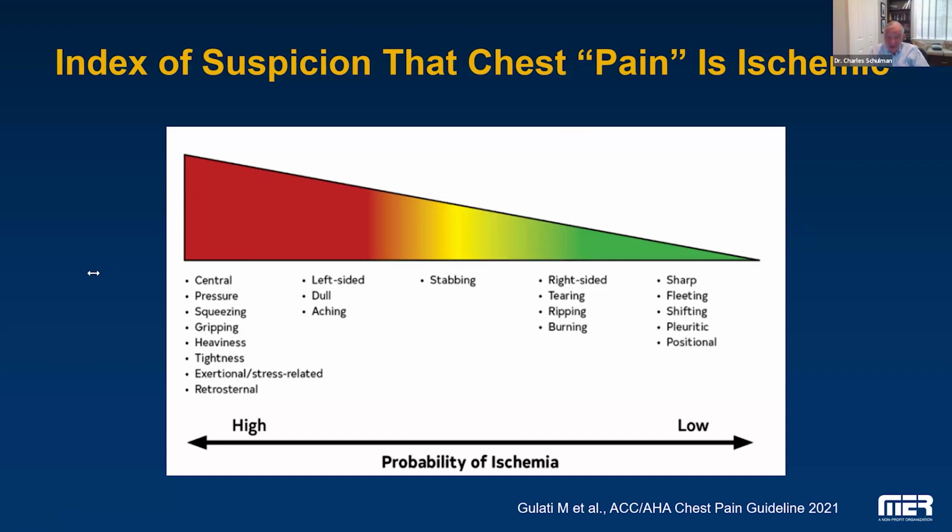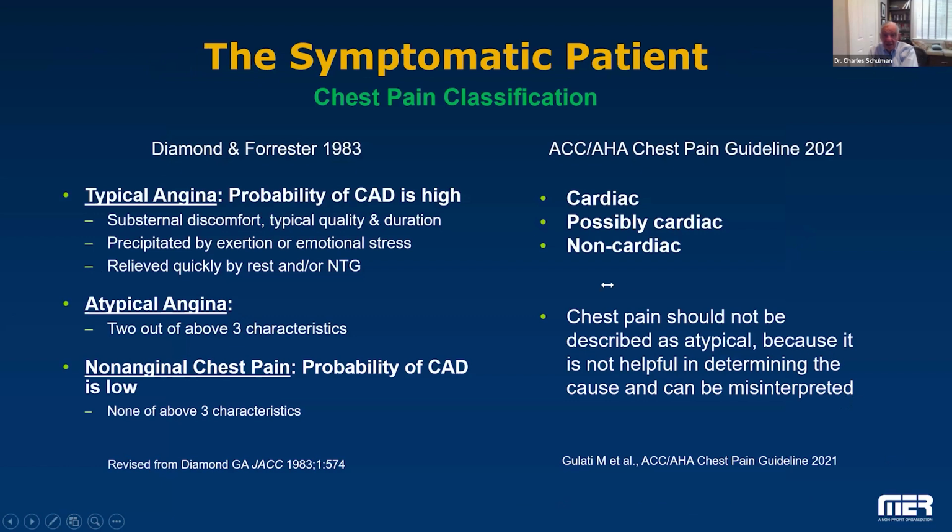I can't resist, so I'll show you one more slide. The ACC/AHA came out with a chest pain guideline 3 years ago. The old descriptions of chest pain were typical angina, atypical angina, or non-anginal chest pain.